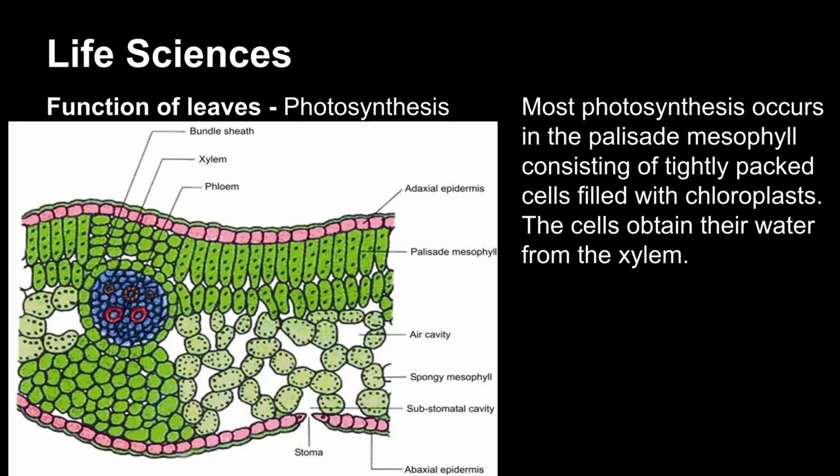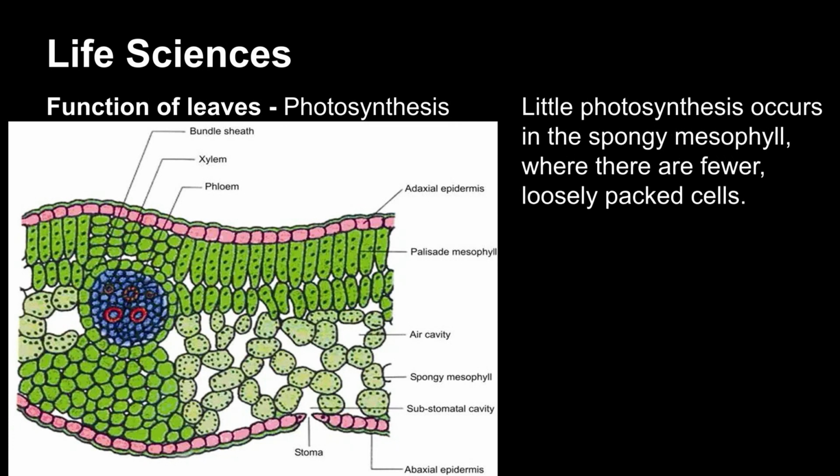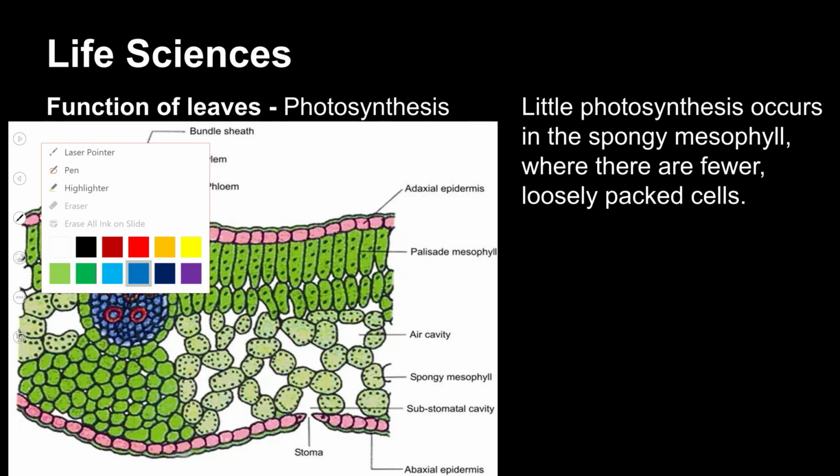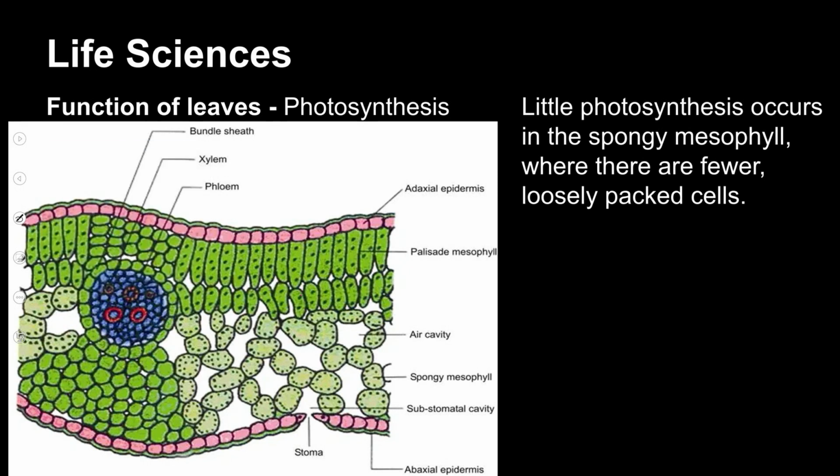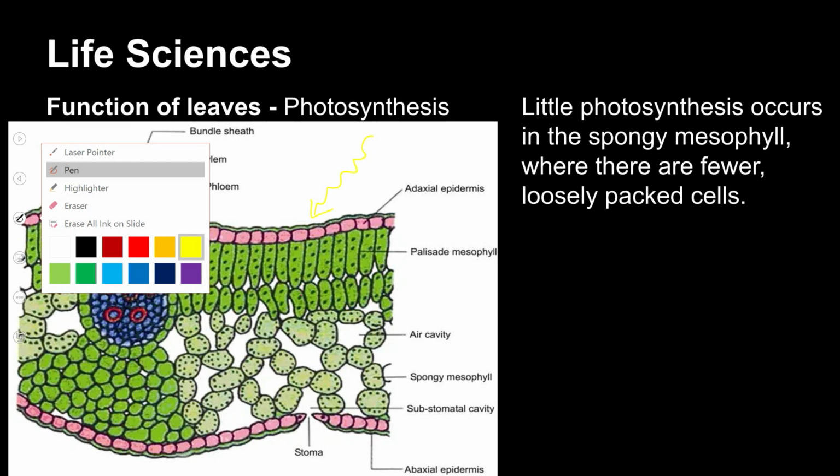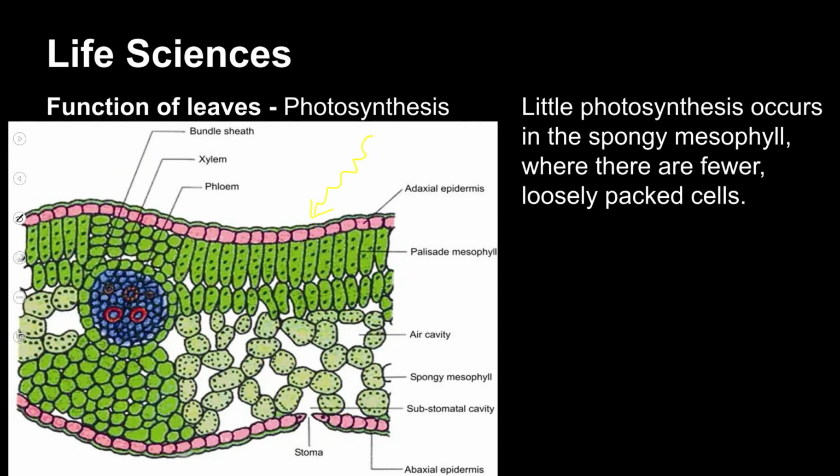First of all, in your palisade mesophyll, that is where most of the photosynthesis occurs, and that is because we need sunlight, and the sunlight hits the top of the leaf so that photosynthesis can occur.